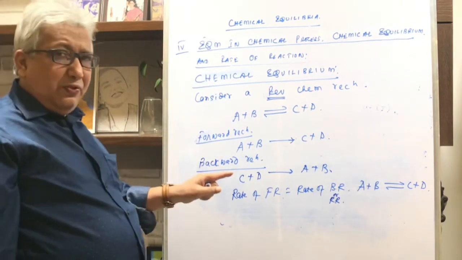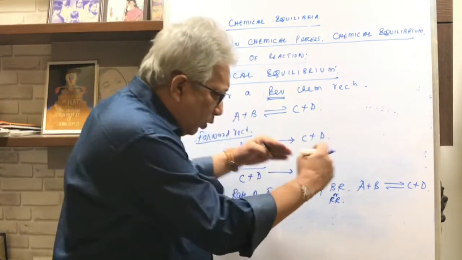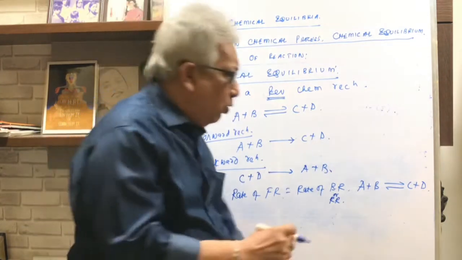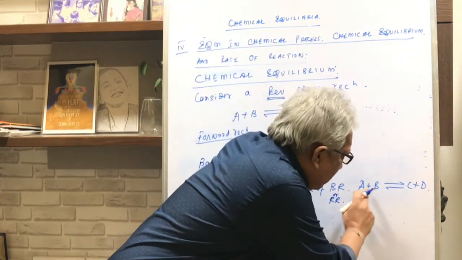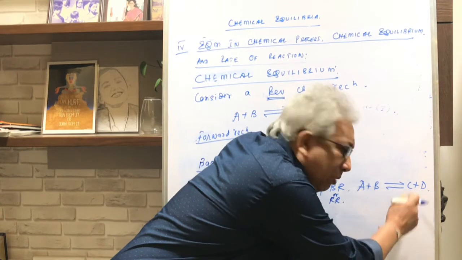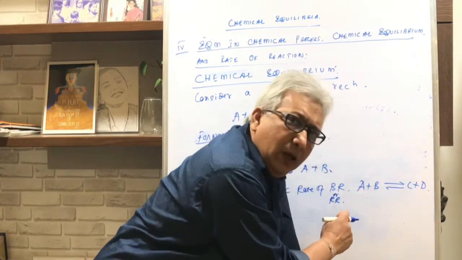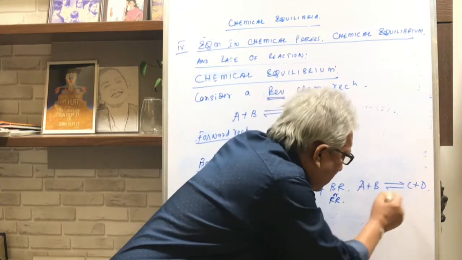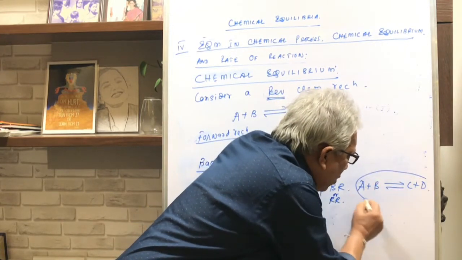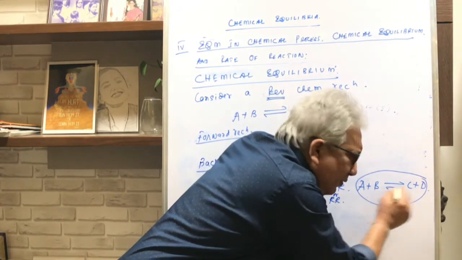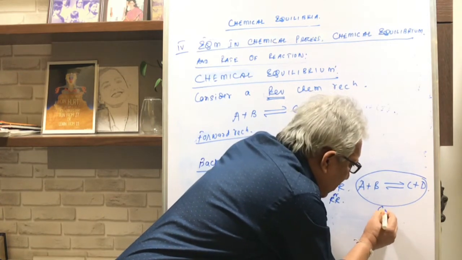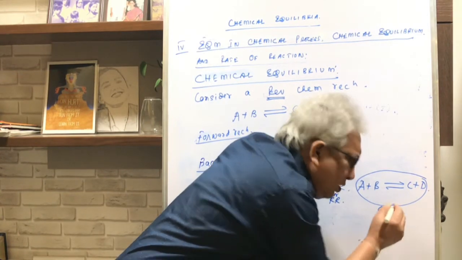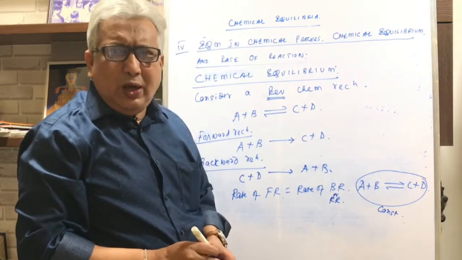But before I give the definition, I must tell you, when they both have become equal, although few molecules of A and B are reacting to give me C and D, few molecules of C and D are giving me A and B at the same time. So eventually, the concentration of all the reactants and products have achieved a constant value at equilibrium. Is that okay?